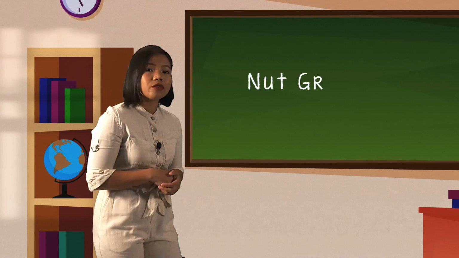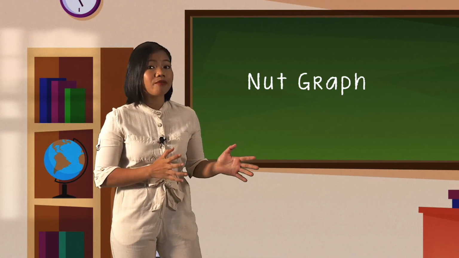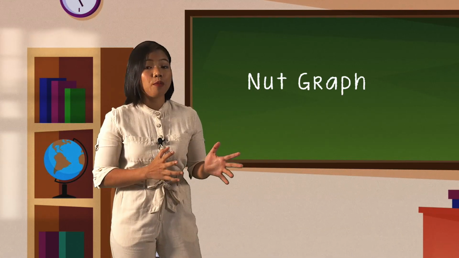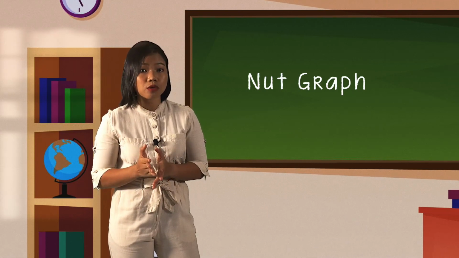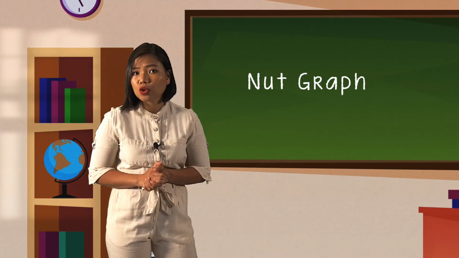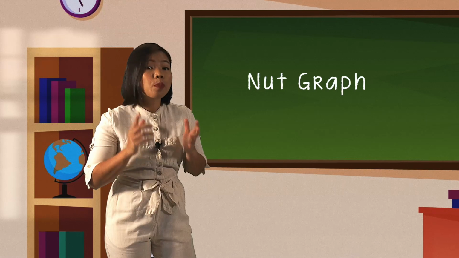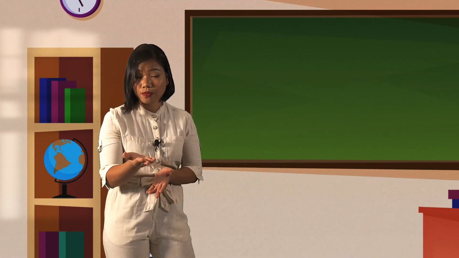Now let's go to the nut graph. The nut graph is a sentence or paragraph that states the focus or the main point of the story. It will give you the idea what the story is about and why it is newsworthy. When we say newsworthy, that means important to be in the news, or in other words, important for you to know.